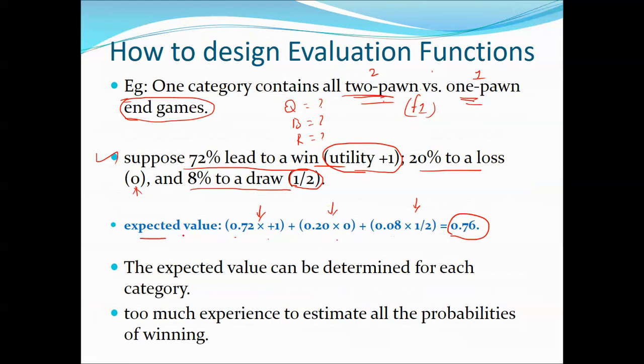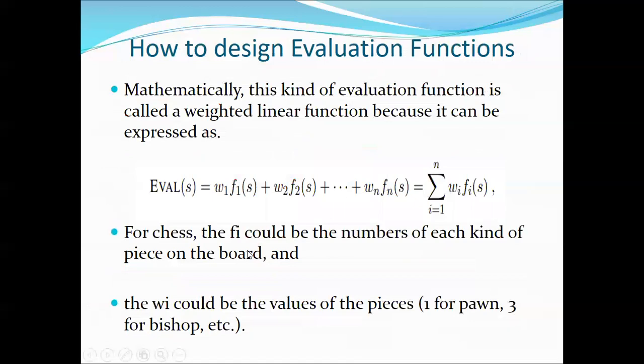So this is the expected evaluated score, so the evaluation score is an estimate. We have to determine it for every category. This is only for the category of pawn. But if you want to do it like this, you should have too much experience. You need a chess expert with a lot of experience; only then can this be done.